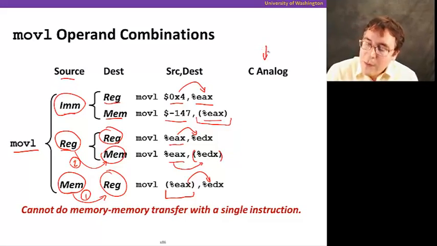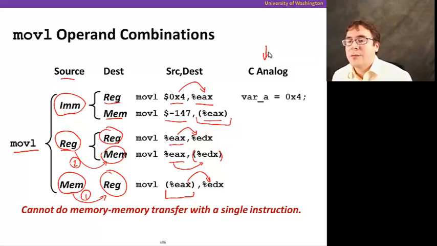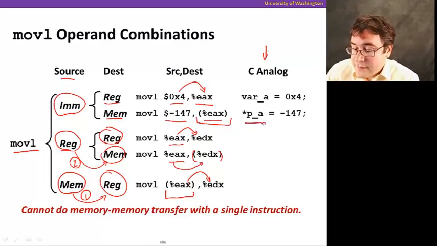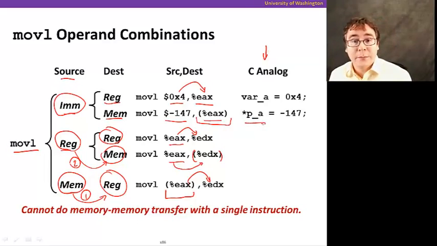So now let's see what the C analog of all of these operations is. Here I have, for example, variable A that happens to be mapped to a register, and we store the constant hex 4. Another example: I have this pointer P_A. We dereference the pointer and store the constant minus 147 into the location specified by pointer PA.